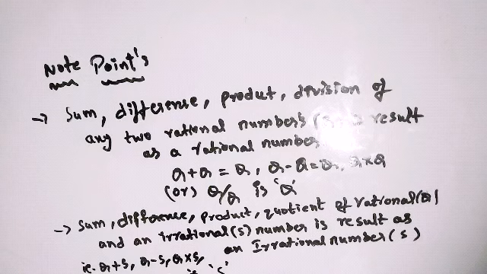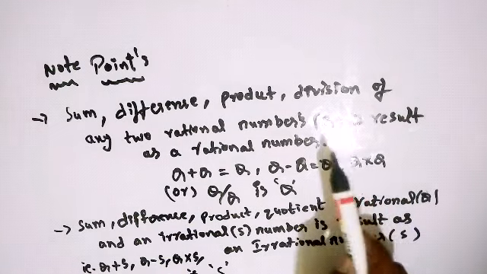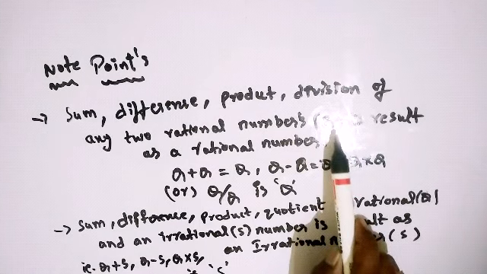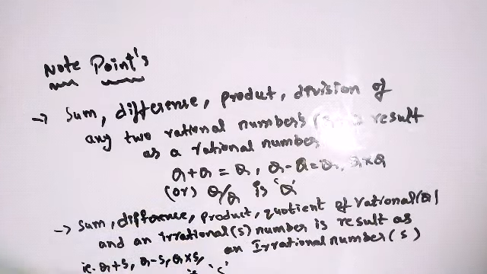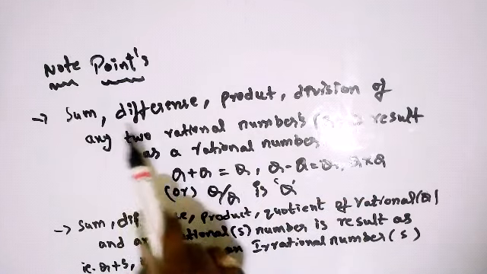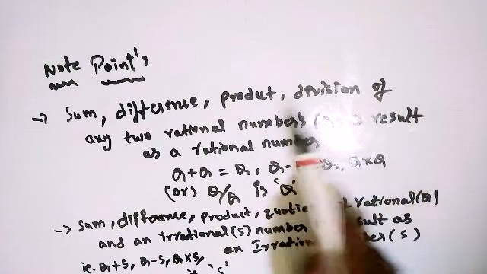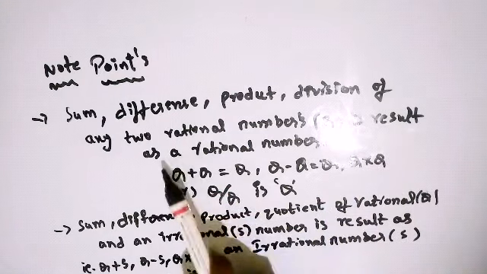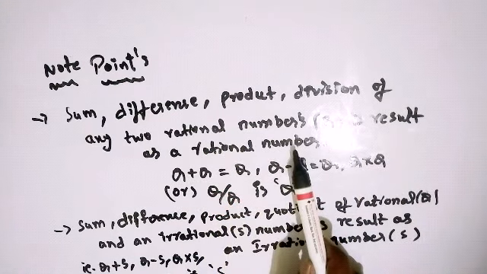So the sum, difference, product, and division of any two rational numbers result in a rational number.